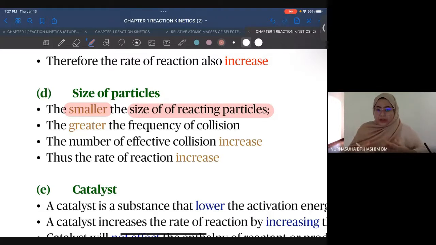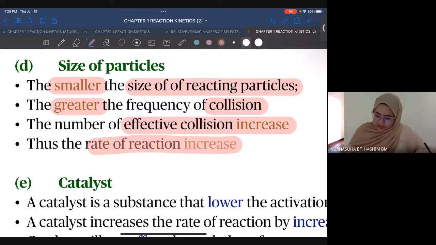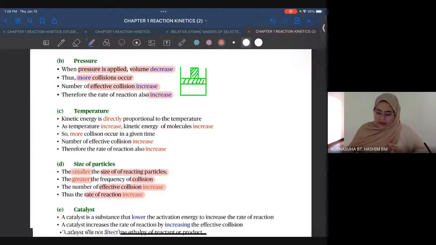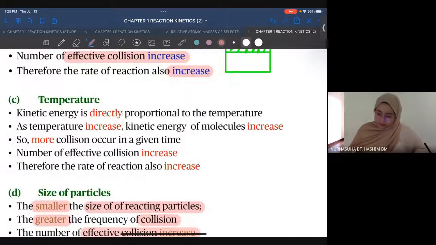The smaller the particle, the greater the collision. Yelah bila makin kecil kan, so pelanggaran makin banyak, number of effective collision increase. Therefore, rate of reaction increase. Kalau you perasan, dekat tiga-tiga explanation ni, yang wajib ada adalah effective collision. So that sentence wajib you letak bila you nak explain nanti ya.